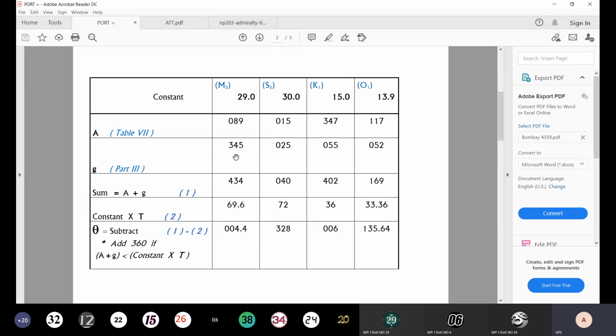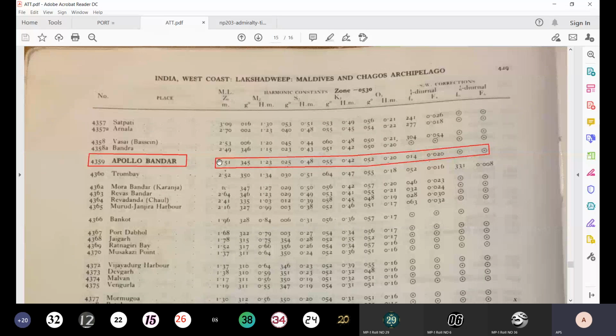So this much is clear, how to get 345. Yes, sir. Similarly, get the values under S2, K1 and O1 columns. Under S2 column, g is 025. Under K1 it is 055.